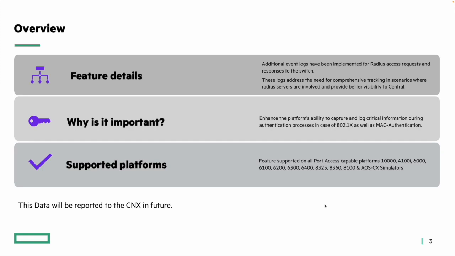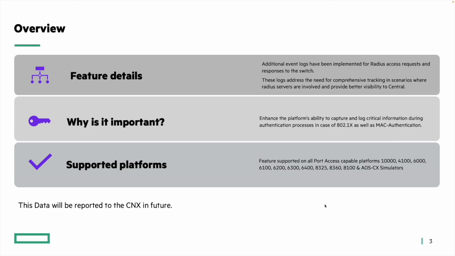Prior to this, in the event logs, whenever there was a MAC authentication or an 802.1x authentication, the radius server details were not involved. So one main thing that this feature is resolving is that it involves the radius server details and the request and response from which server it comes from.